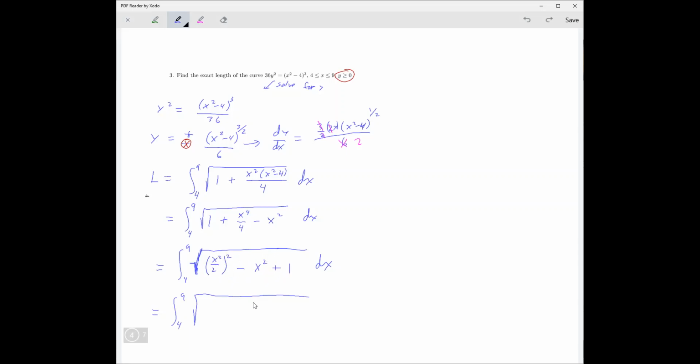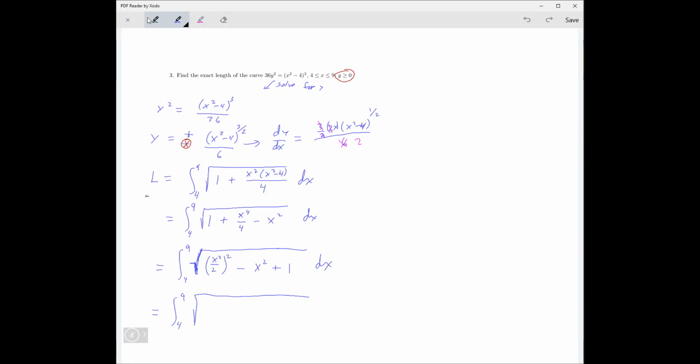Think about it this way. What would be the easiest possible situation to have something under the square root?